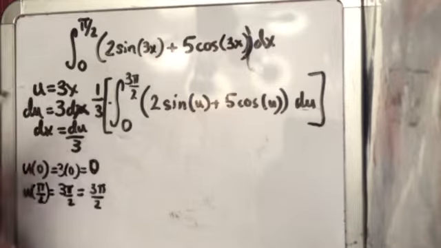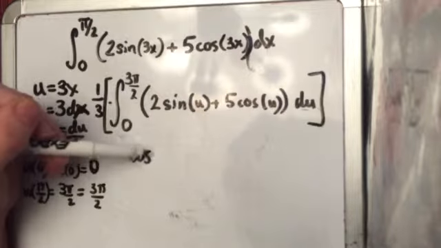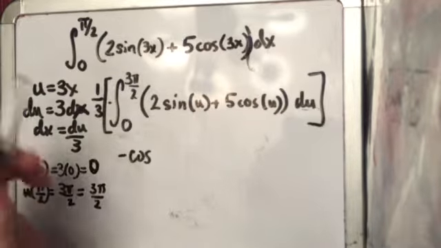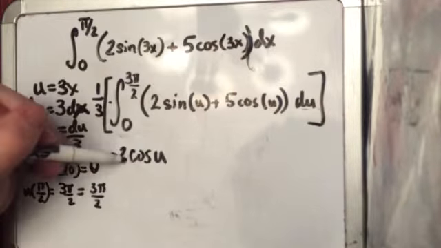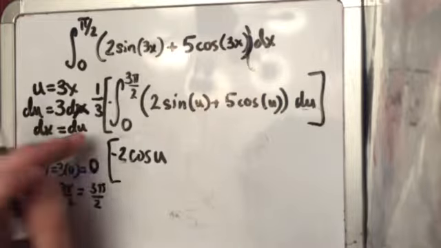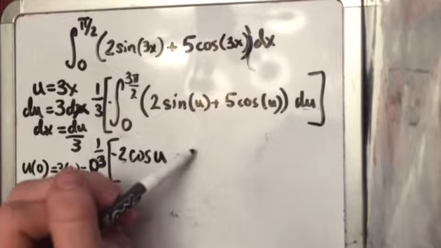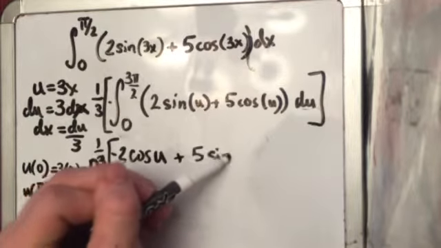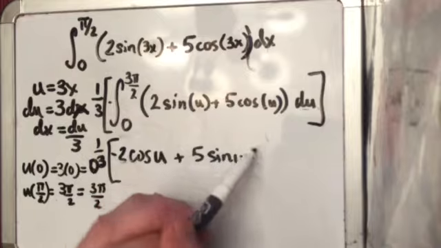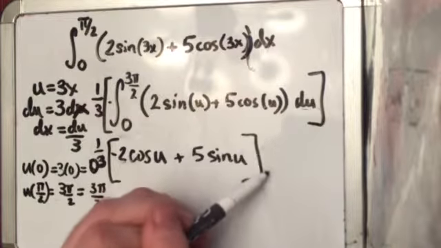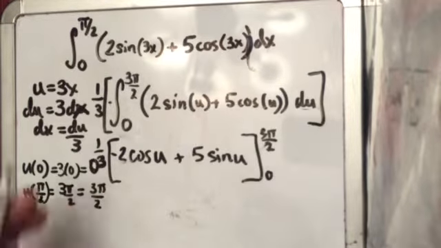Okay, so the integral of a sine is a negative cosine. So we have negative 2 cosine u plus 5 sine u, evaluated at 0 and 3 pi over 2. And that's definite integral notation after you've integrated.